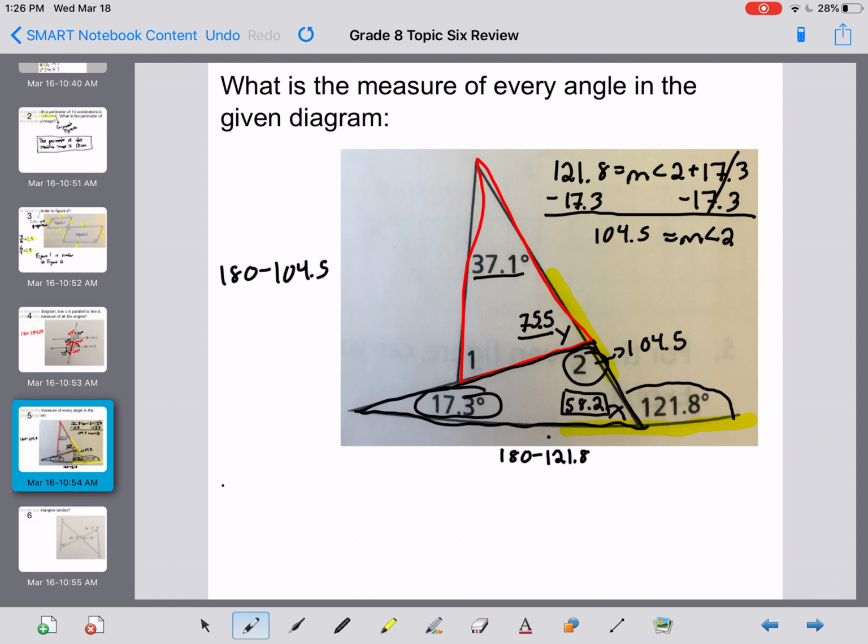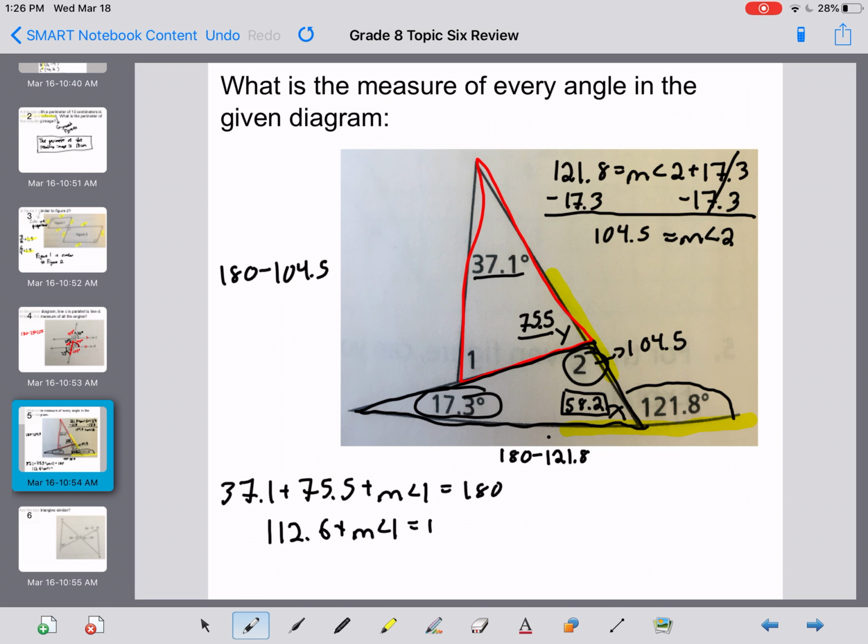So that means that I have 37.1 plus 75.5 plus the measure of angle 1 has to equal 180 degrees. 75.5 plus 37.1 is equal to 112.6 plus the measure of angle 1 equals 180.